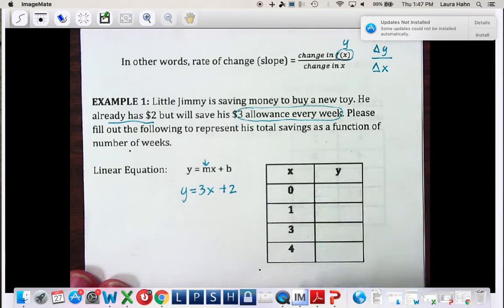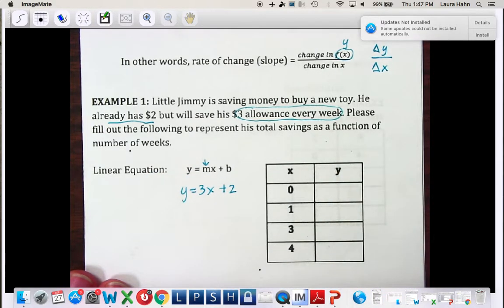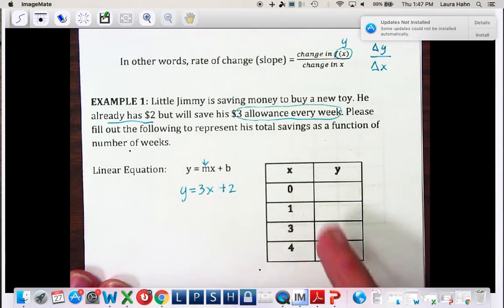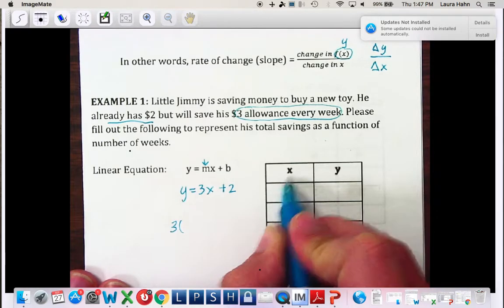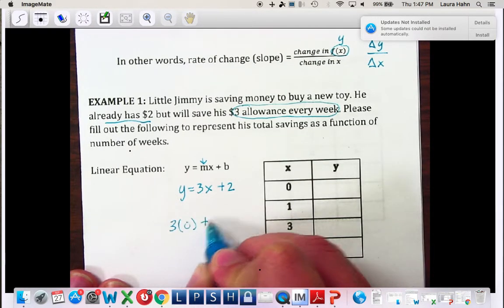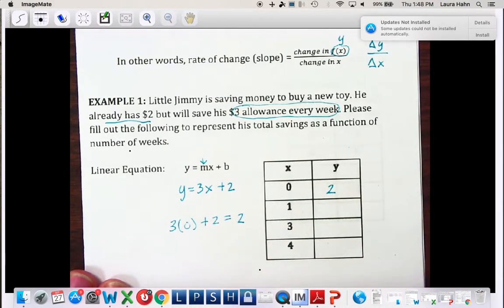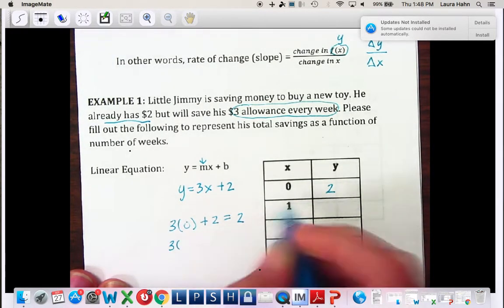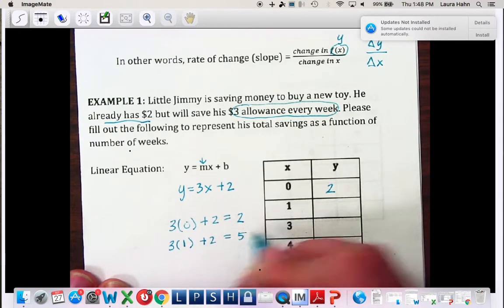To fill out my table, I could graph it and open the table to check it out, but let's go ahead and plug our x's in and see what we get for each. If I plug in x is 0, that's going to give me 2. If I plug in x is 1, that will be 5.